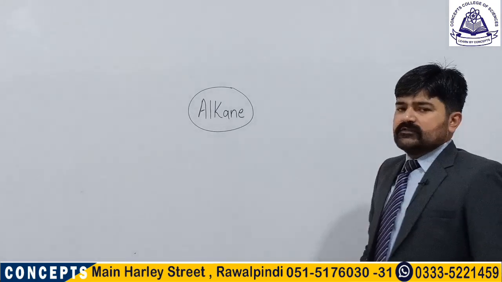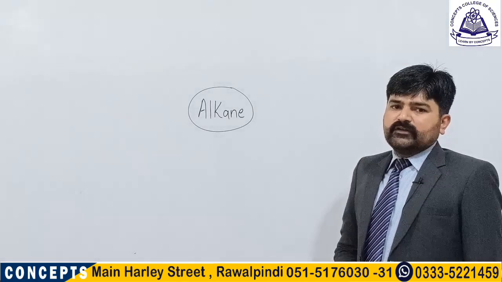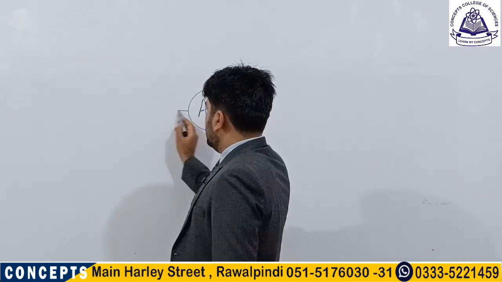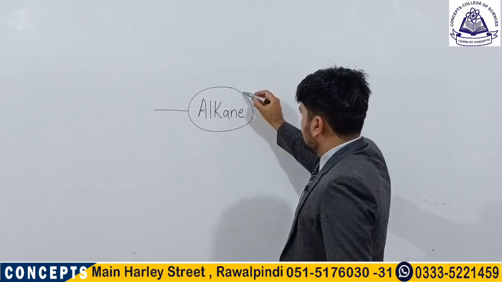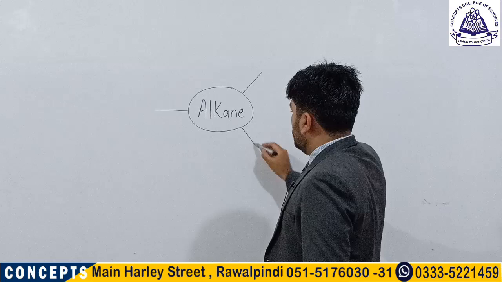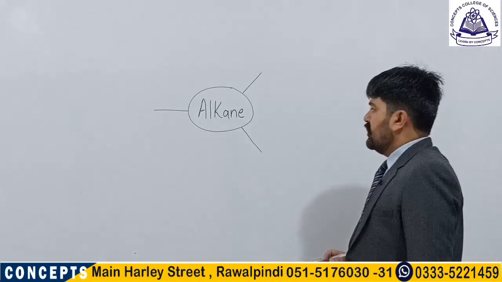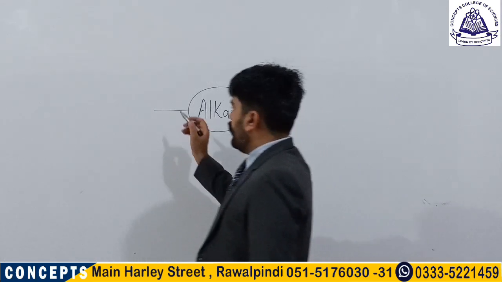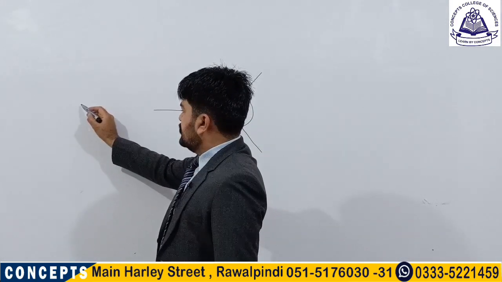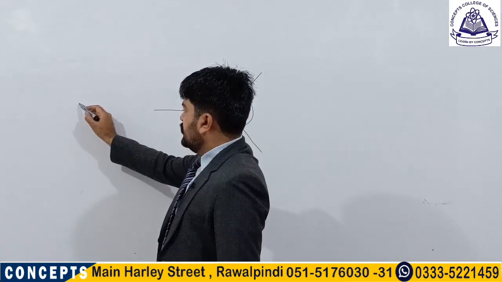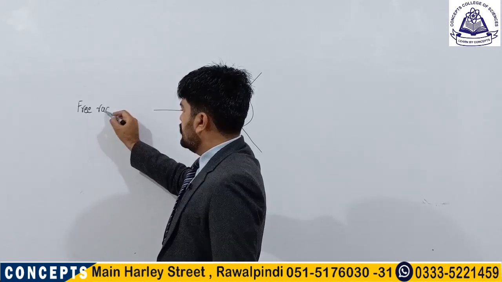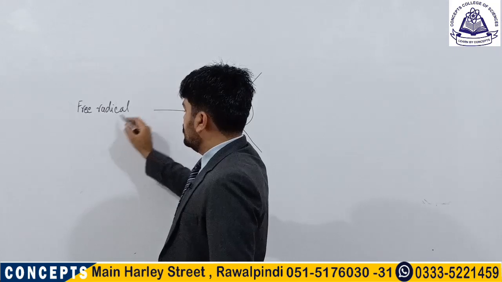Our main focus is on the compounds of alkanes. They can react differently in nature, but the main reactions of alkanes are as follows. One of the reactions for alkanes is known as the free radical mechanism.